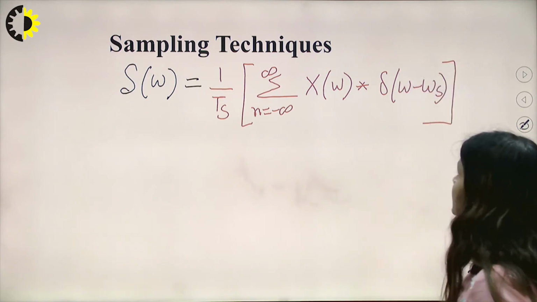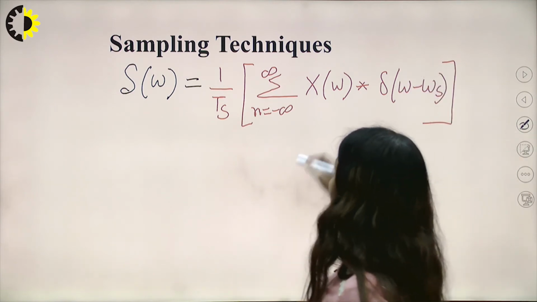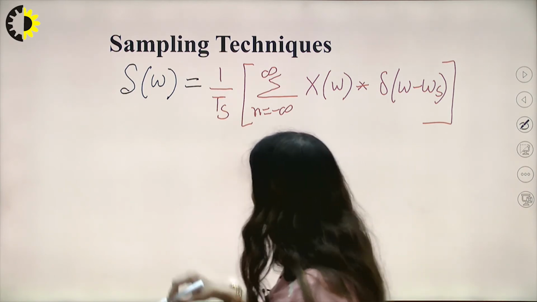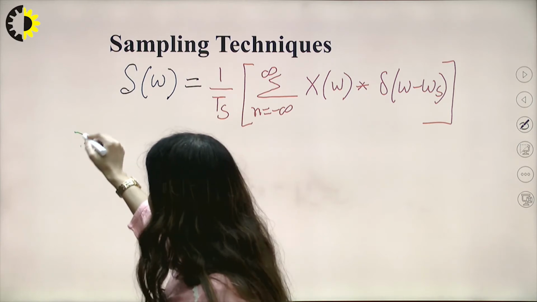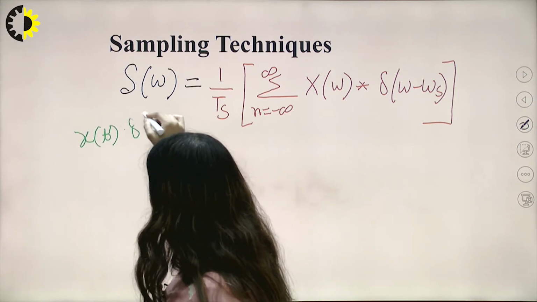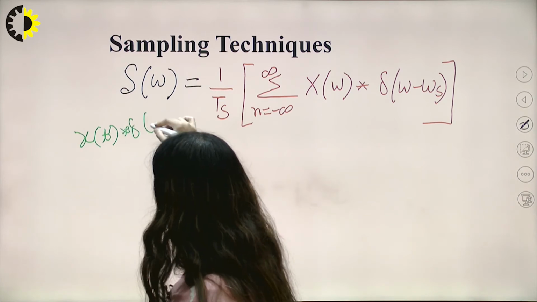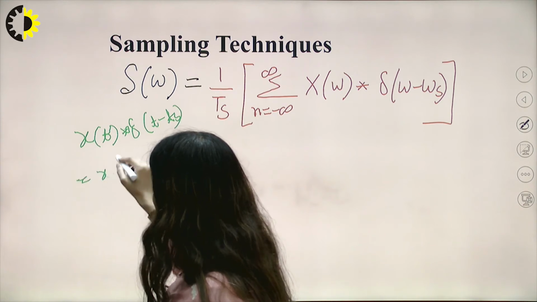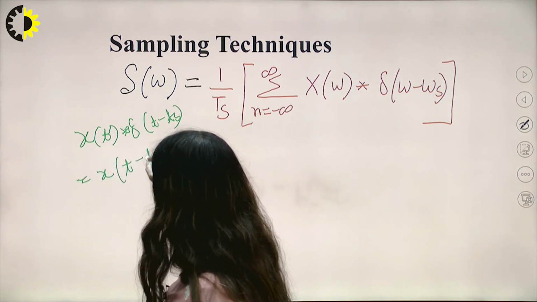Now coming to the next step, which is very important, and we know by the property, we will again apply some property: x(t) multiplied with, or convolved with, delta of t minus Ts gives me x of t minus Ts.